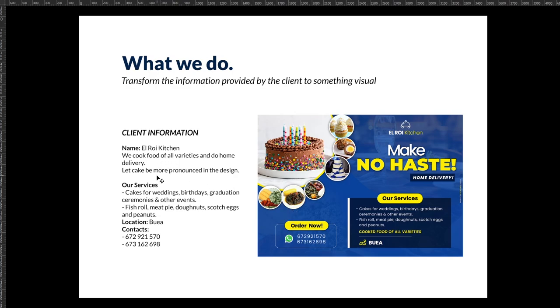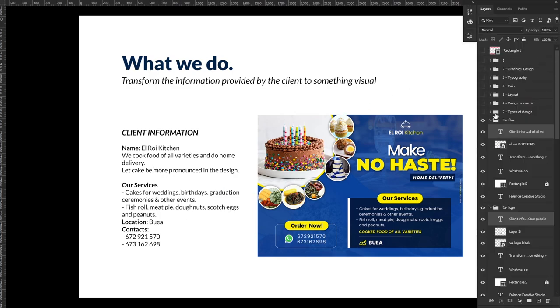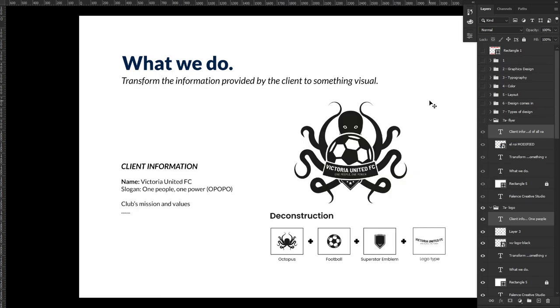So this particular client provided this information, and here is a flyer design which is being done for them, right? Makes sense. I believe this is better than this. This communicates better, more effectively than this one. Let me know what you think in the comment section. All right, moving on to the next one.